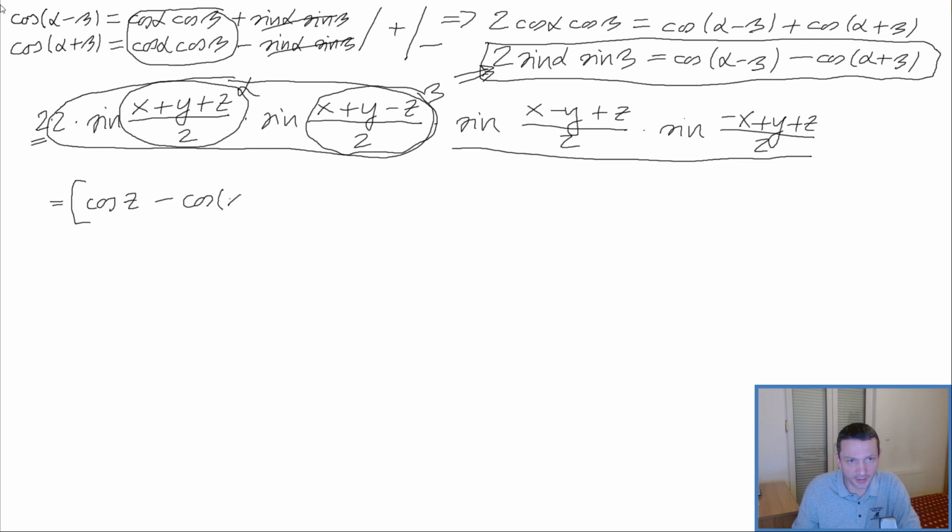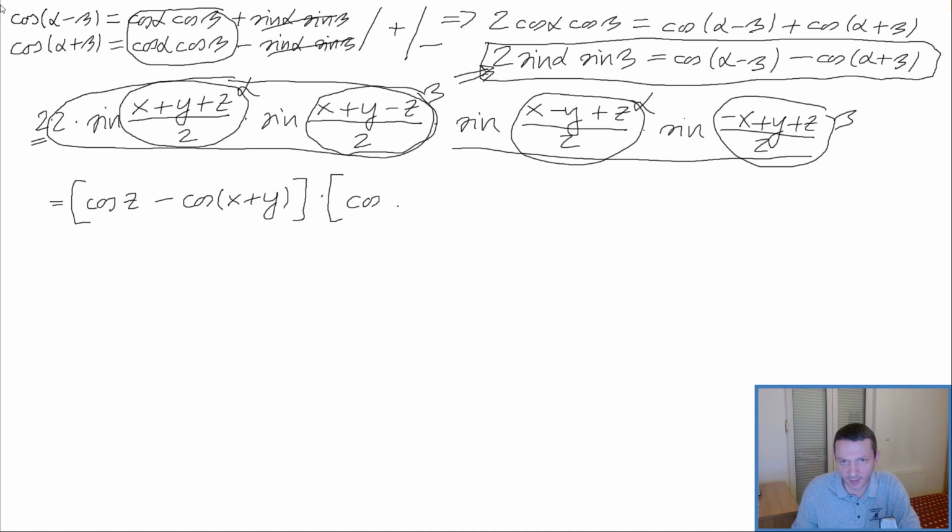This is nothing but x plus y. So this is the first application. Now, after the second application, where this is alpha and this is beta, we obtain again cosine of alpha minus beta, and alpha minus beta is now x minus y, and minus cosine alpha plus beta, and this is again z.